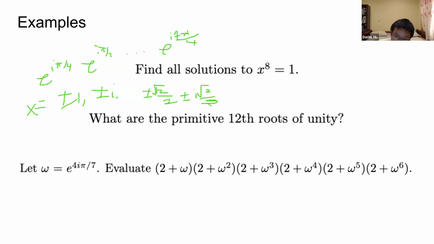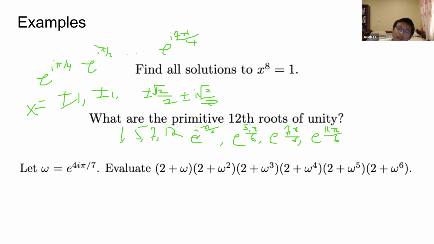And then for the primitive 12th roots of unity, we can see which numbers are relatively prime to 12. You see that there's 1, 5, 7, 11. So the primitive 12th roots of unity will be e to the i pi over 6, e to the 5 i pi over 6, e to the 7 i pi over 6, and then e to the 11 i pi over 6.